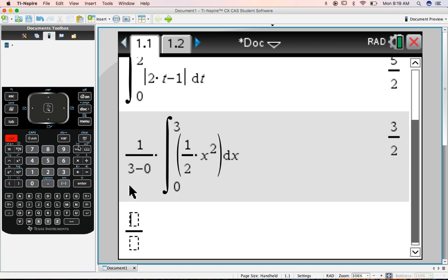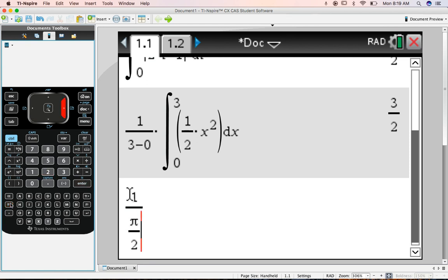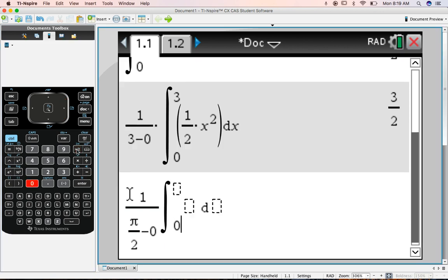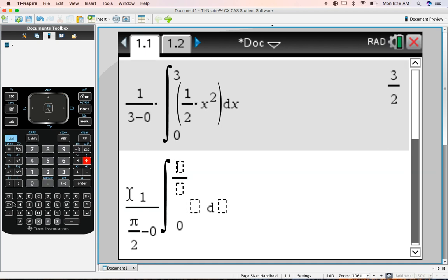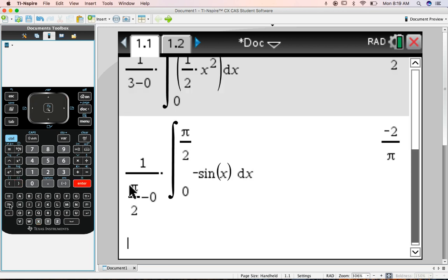We're going to have 1 divided by pi over 2, minus 0, and it's going to be multiplied with the integral from 0 to pi over 2 of negative sine of x, parentheses, and then dx.